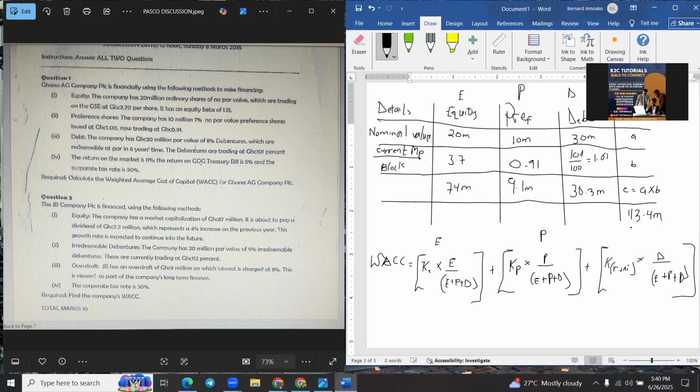Once you're done, you add all of them together. Now, this E is what you have determined here. This P is what you have determined here. And this D is what you have determined here.